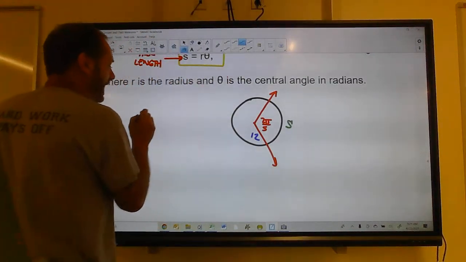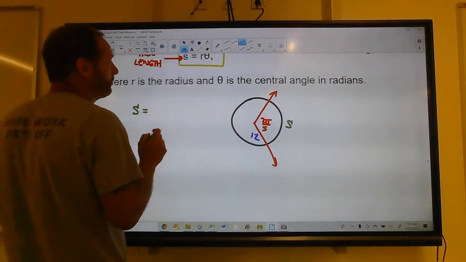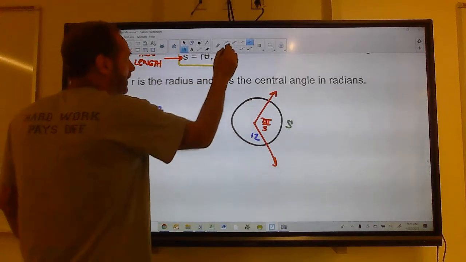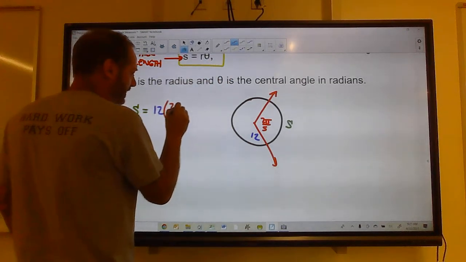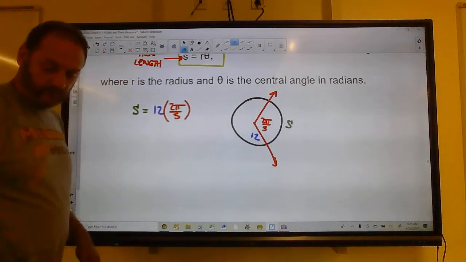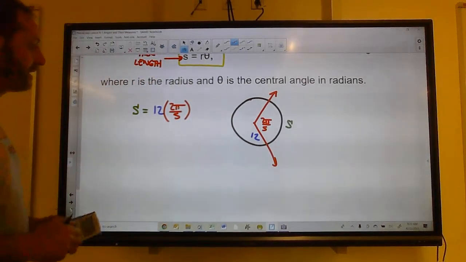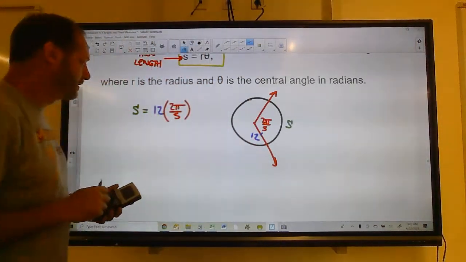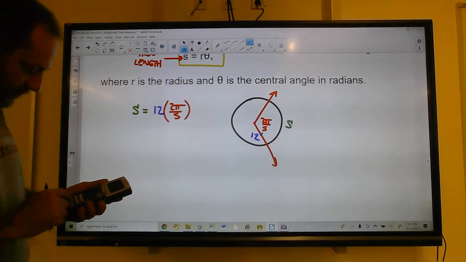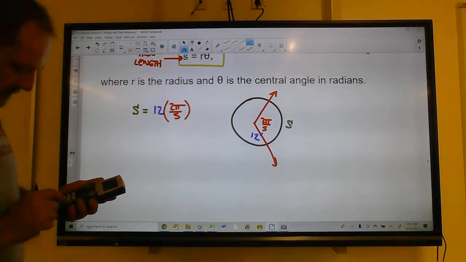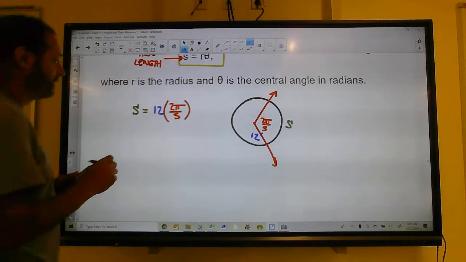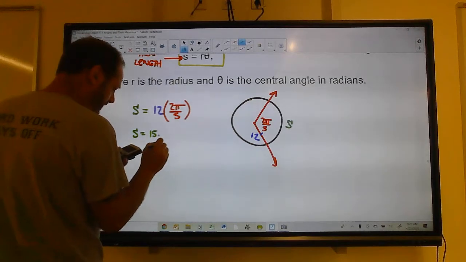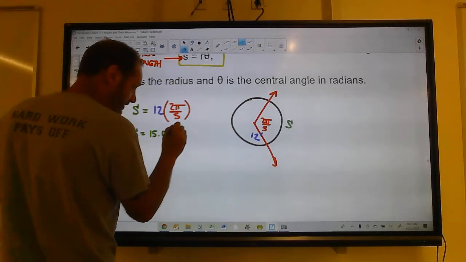Okay, so then S would equal the radius, which would be 12, times theta, which would be 2 pi over 5. Okay, so we get out our calculator. Oh, and let's say that this is in feet. So that'd be 12 times 2 pi divided by 5. This would come out to be 15.08 feet.